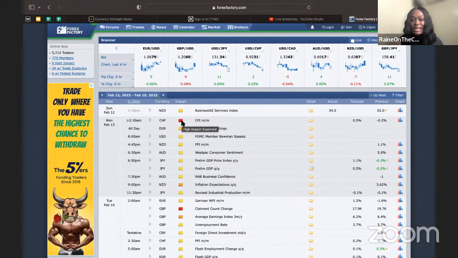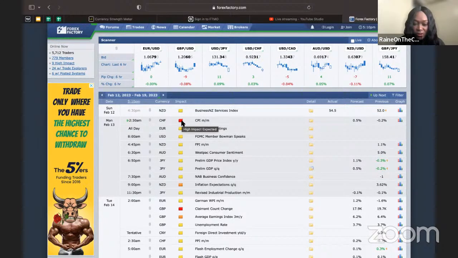So a high impact is expected. When you see that red folder, price is going to spike, but I don't know what direction. It's either going to shoot up, shoot down, or shoot both up and down, moving crazy.